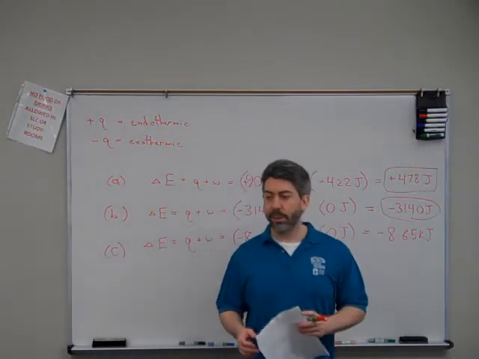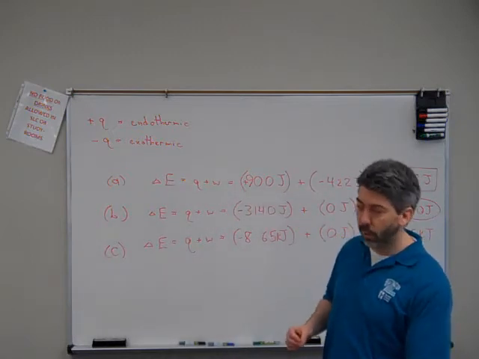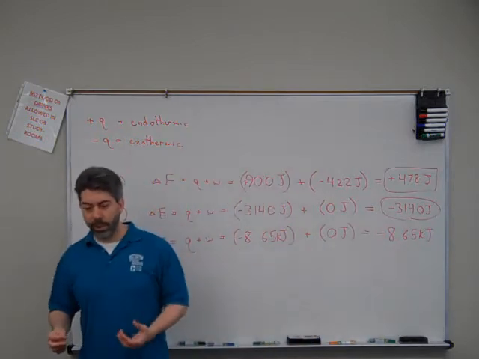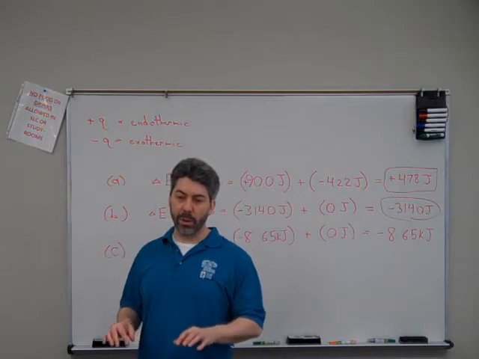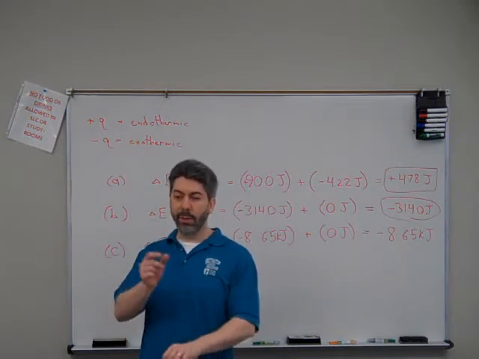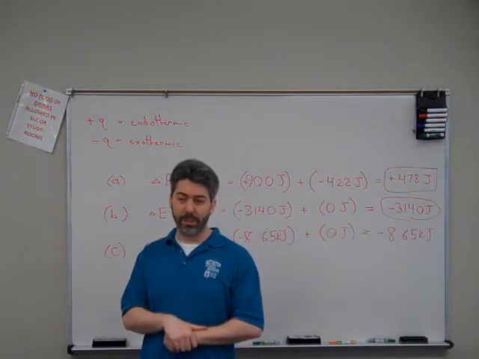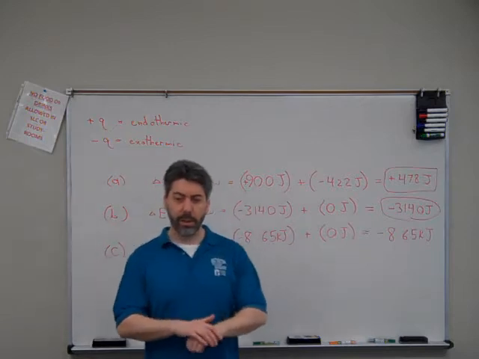It's also one of the reasons why certain substances can hold more heat than other substances. For example, if you take 100 degrees Celsius boiling water and drop a drop of it on your hand, it's going to hurt. It's going to burn. Probably get a little red mark.